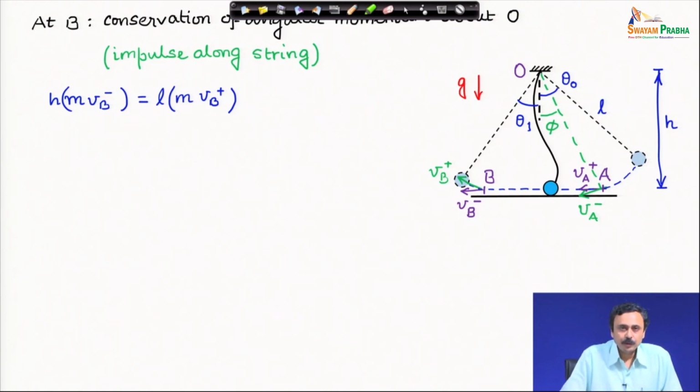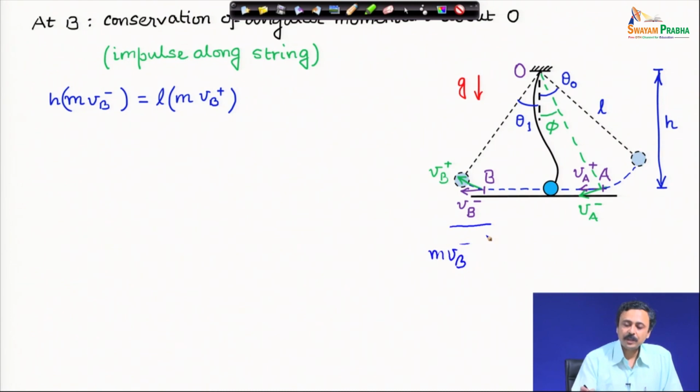Just before the string gets taut, the angular momentum about O, this is the velocity, so mass times velocity, m v B minus, is the linear momentum.